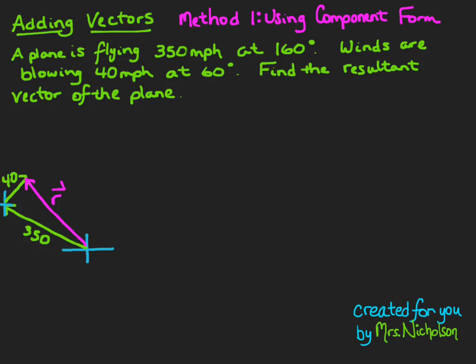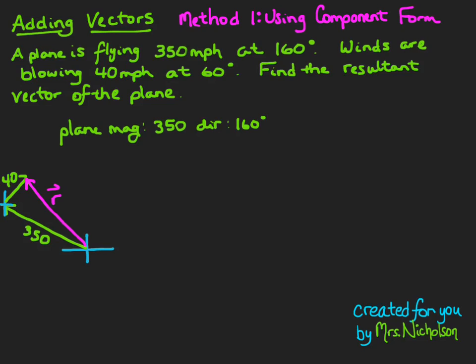So let's start with the plane. My plane vector has a magnitude of 350, and direction is 160 degrees.